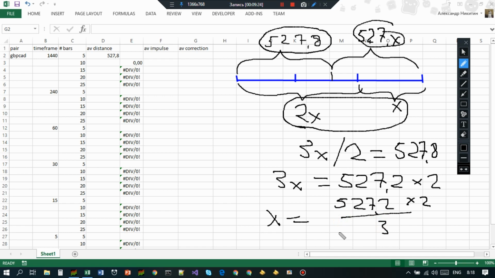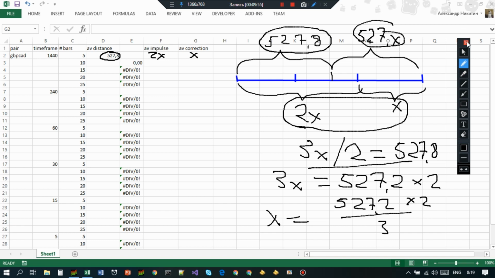So the x formula equals this multiplied by 2 and divided by 3. Okay, so this will be the formula of x. So the x is here in this column, and here we have 2x. This was funny. Divided by 2, only to multiply it by 2 then.